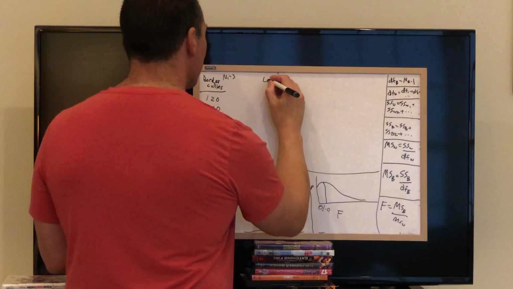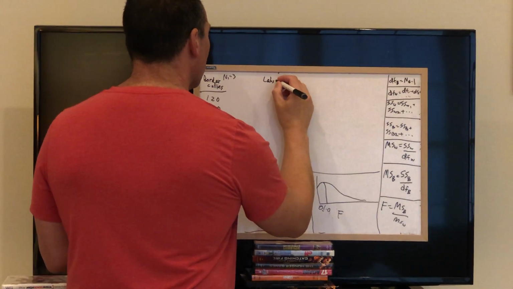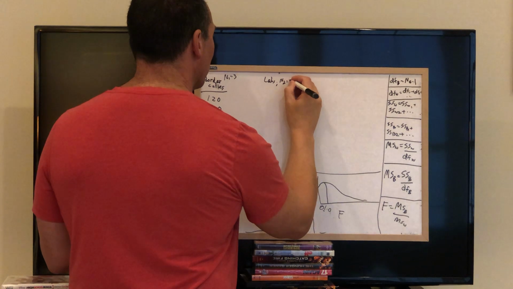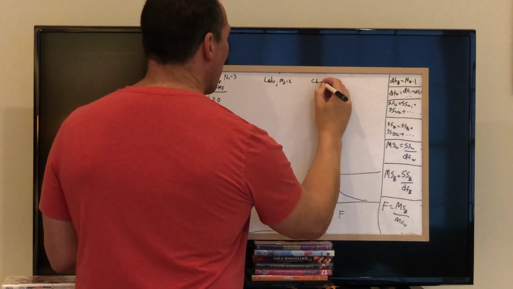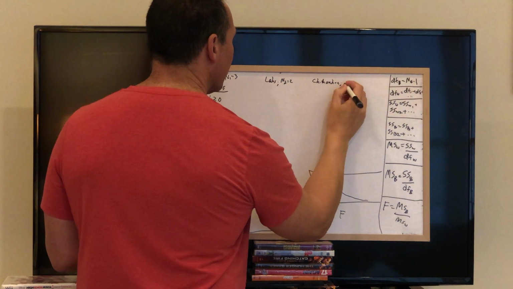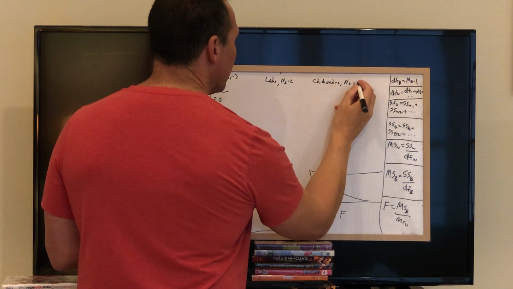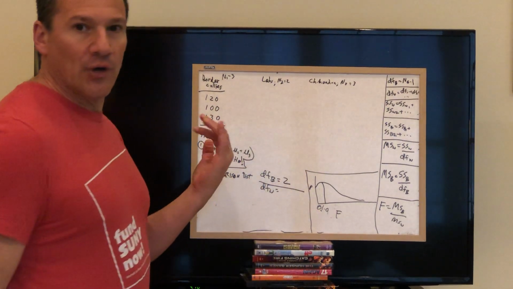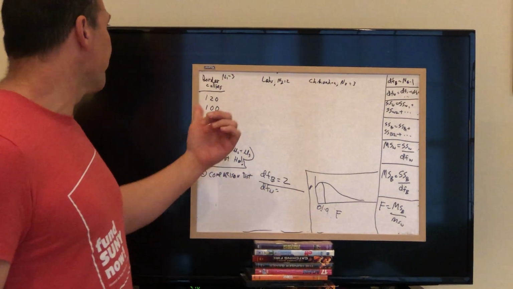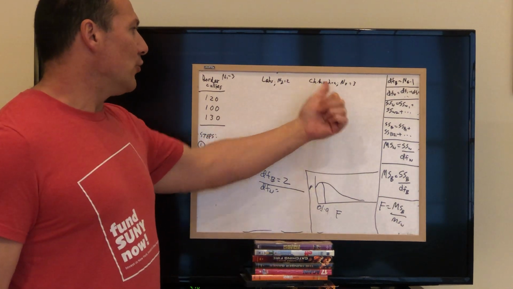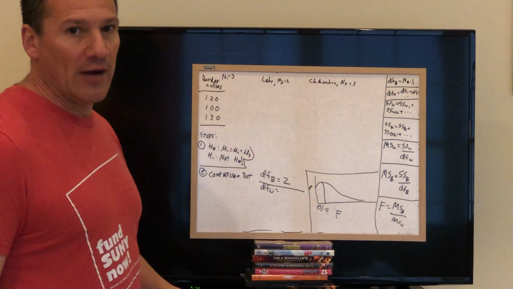For labs, I think I had 2, so N2 equals 2. And for chihuahuas, N3 equals 3. If you recall when I put up the data at the beginning, I have 3 border collies, 2 labs, and 3 chihuahuas.